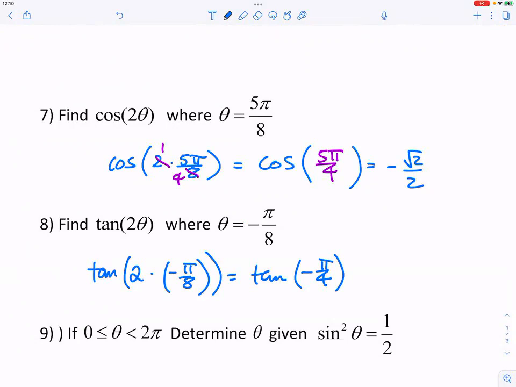All right. Or if you can imagine where this angle is, what quadrant is this? Negative pi over 4. What quadrant? 4, right? Do you know the location? If you know the location, you know the coordinates, just go ahead, get the coordinates and do y over x, which will be negative 1.